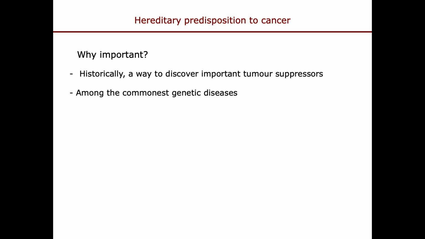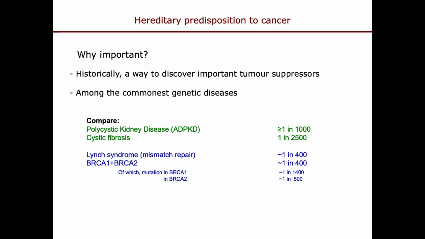But now there's a much more practical reason for being interested in these hereditary predispositions, because they turn out to be among the commonest genetic diseases that are potentially lethal. Let's look at some numbers. I have here two examples of possibly the commonest genetic diseases that are not cancer.